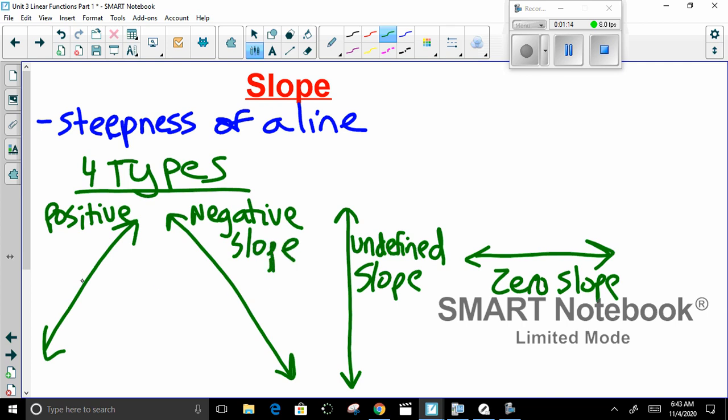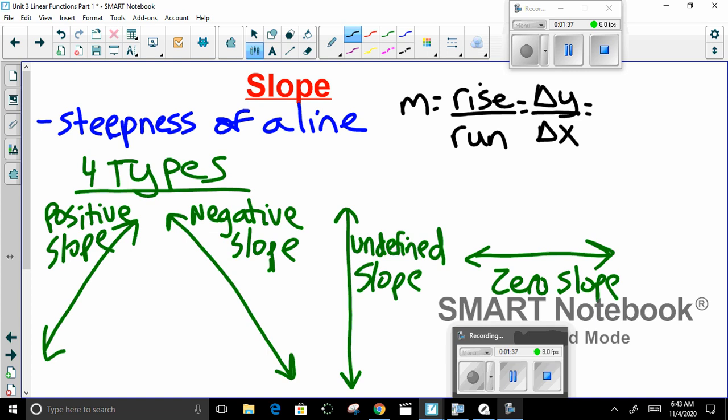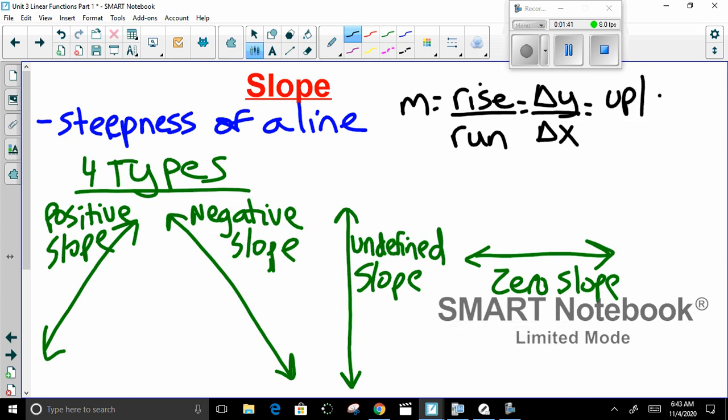So we looked at graphs Monday, and I refreshed on how to find the slope if you're given a graph. Remember, the letter to represent slope is M. When you're looking at it from a graph, you look at it as your rise over your run, or your change in Y over your change in X. Remember, your rise, your Y-axis, either goes up or you could go down.